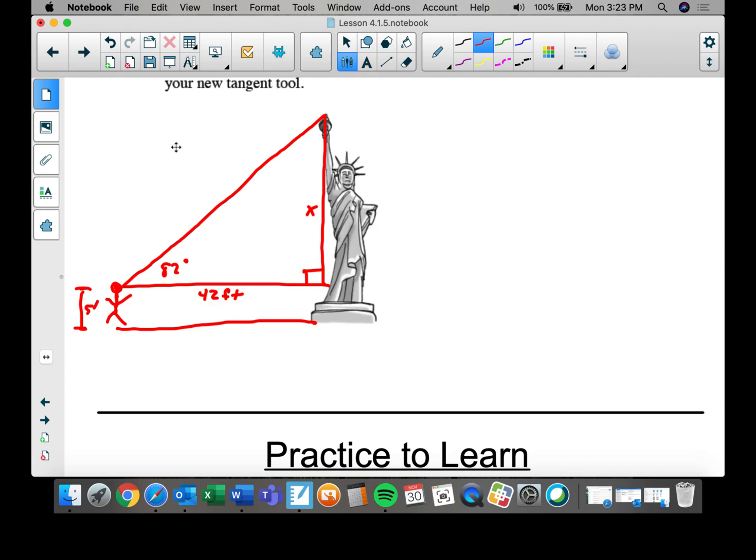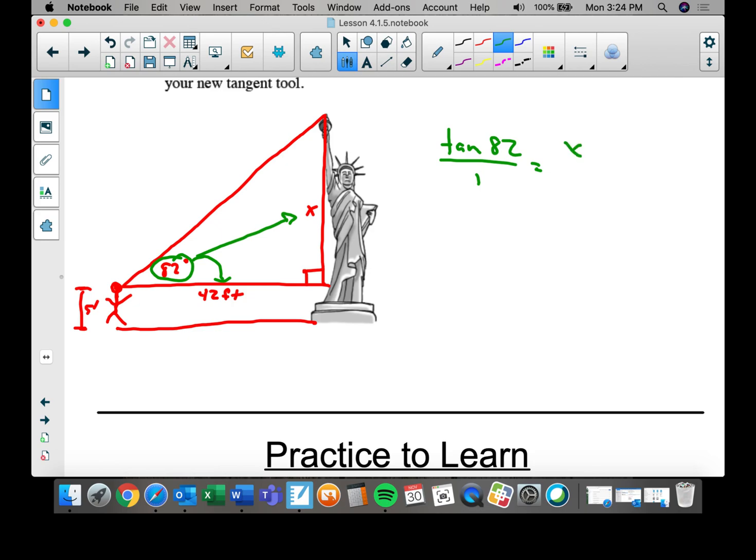Now, with that picture, I'm going to use this 82 degree angle as my slope angle. I take the tangent of 82 degrees over 1, there's my ratio, equal to the opposite leg over the adjacent leg.